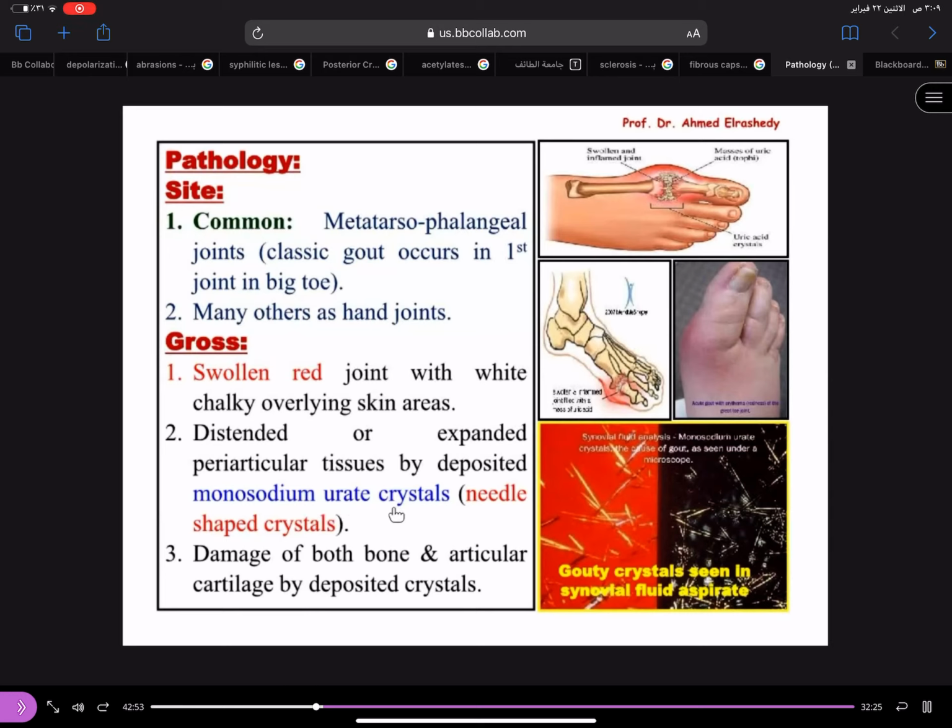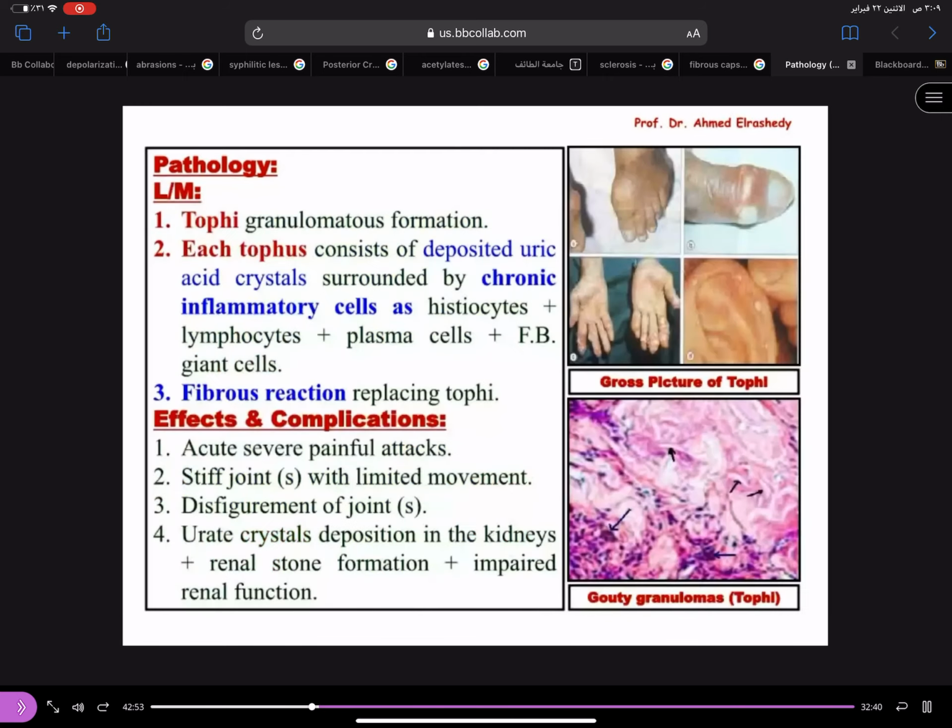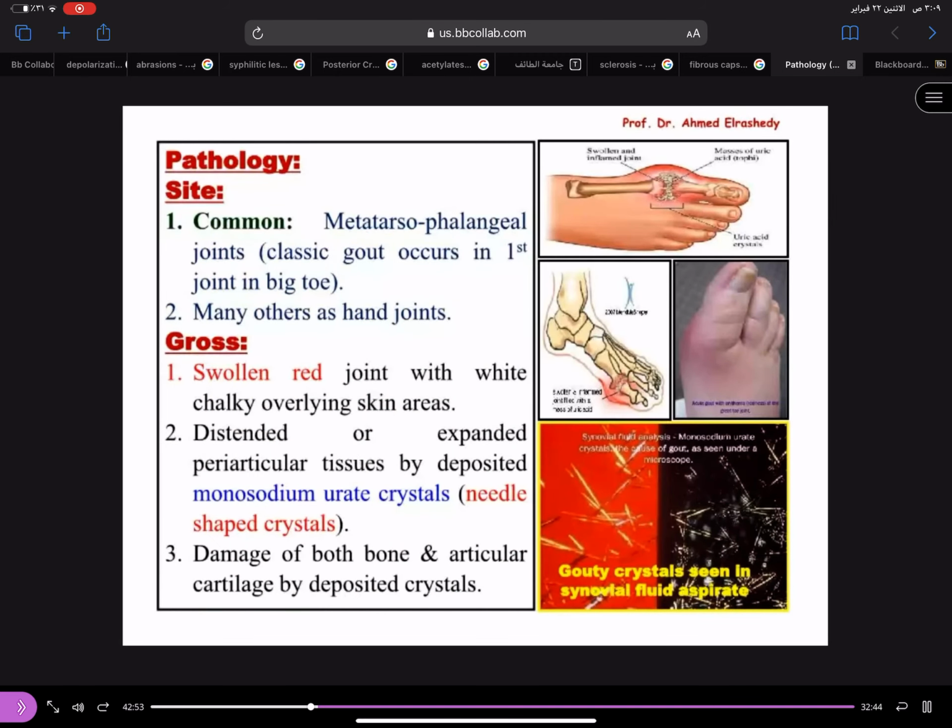The crystals can even be around the joint, under the skin. We will see that in the next slide also. And there is damage to the tissue. So the important point grossly is the swollen red joint with white overlying skin, and obviously, as we have discussed, urate crystals are there in the joint.